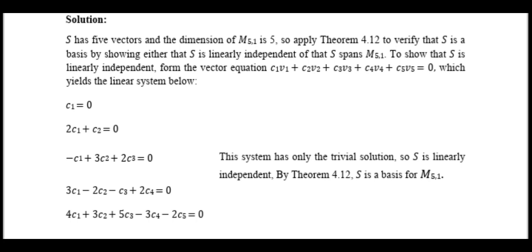To show that S is linearly independent, form the vector equation c1v1 + c2v2 + c3v3 + c4v4 + c5v5 = 0, which yields the linear system below. c1 = 0. 2c1 + c2 = 0. -c1 + 3c2 + 2c3 = 0. 3c1 - 2c2 - c3 + 2c4 = 0. 4c1 + 3c2 + 5c3 - 3c4 - 2c5 = 0.